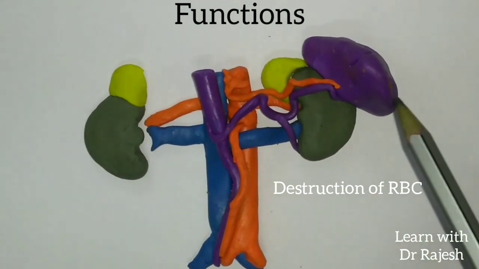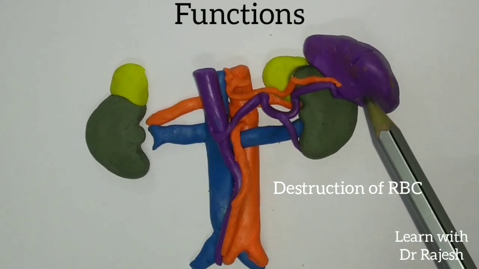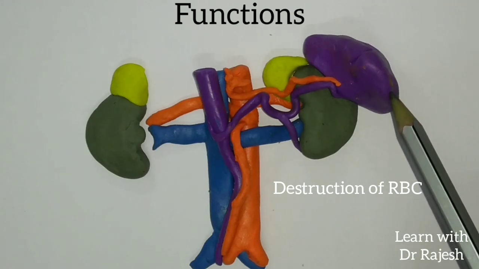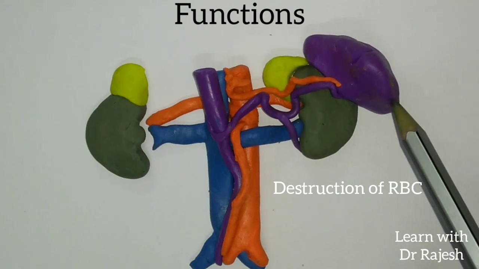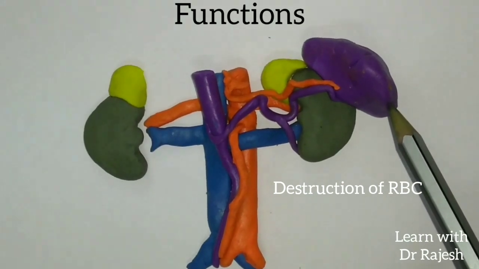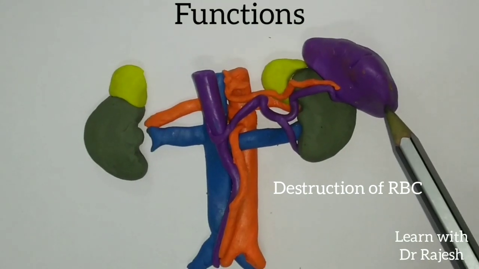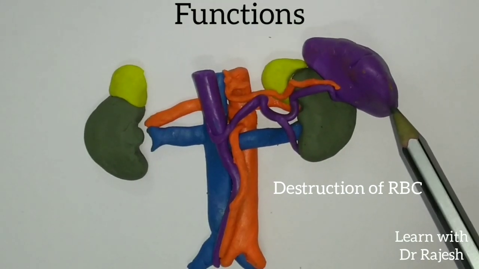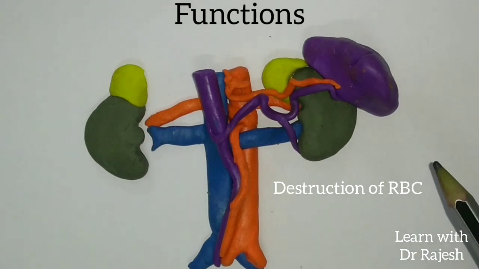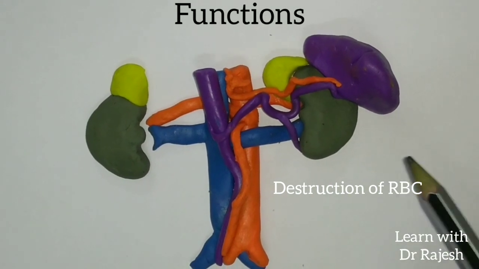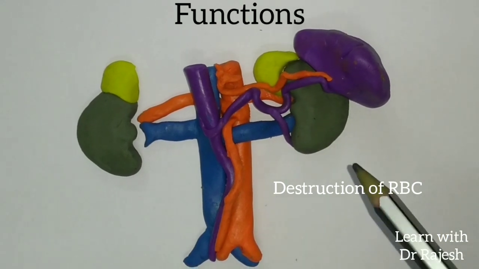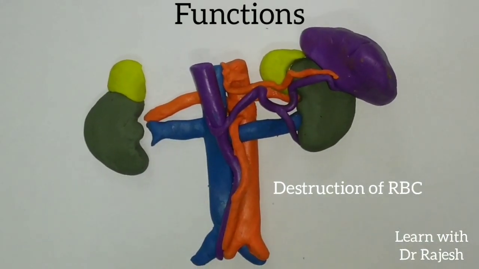The small arterioles present inside the spleen will not allow the older RBCs to pass through, because the diameter of the RBCs is larger than the luminal size of these small arterioles. Only the flexible RBCs can pass through these blood vessels. If the RBCs are not flexible, as in older RBCs, they will be lysed inside the spleen. So it plays an important role in destruction of older RBCs.